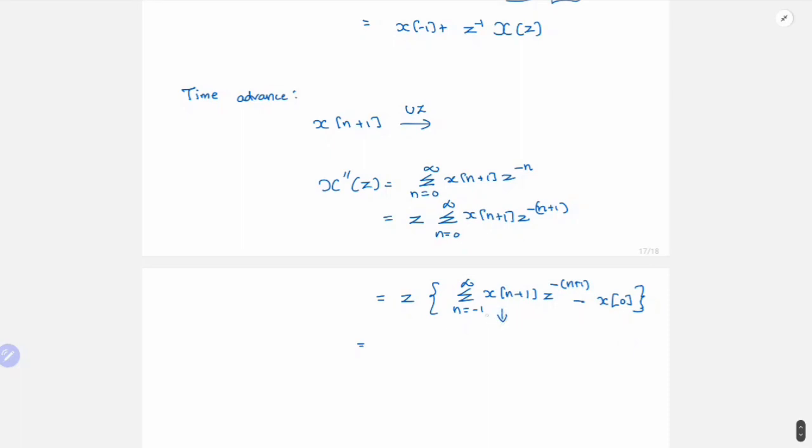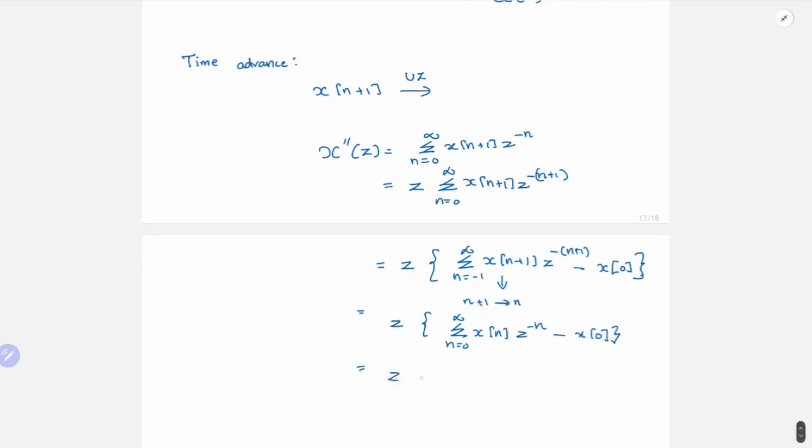Now if you replace n plus 1 with n, I'll have z into summation n equal to 0 to infinity x of n z power minus n minus x of 0. So this is nothing but z into x of z minus z x of 0.